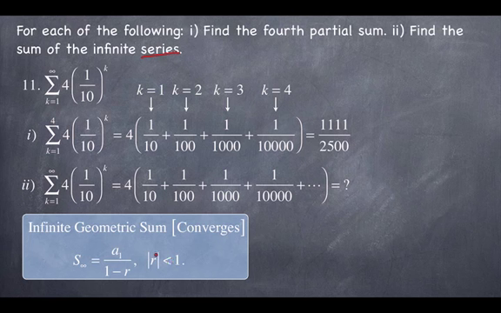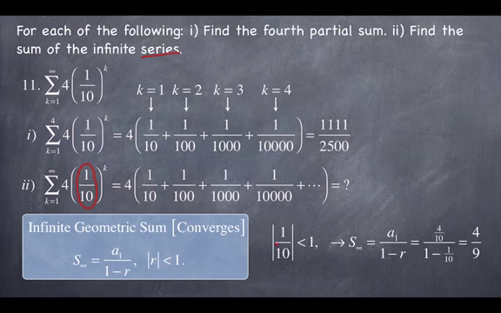The r, as you learned in Algebra 2, is what we call the common ratio. This is your common ratio, 1/10. Is the absolute value of 1/10 less than 1? The answer is yes. That's why there is a sum of this infinite geometric series.